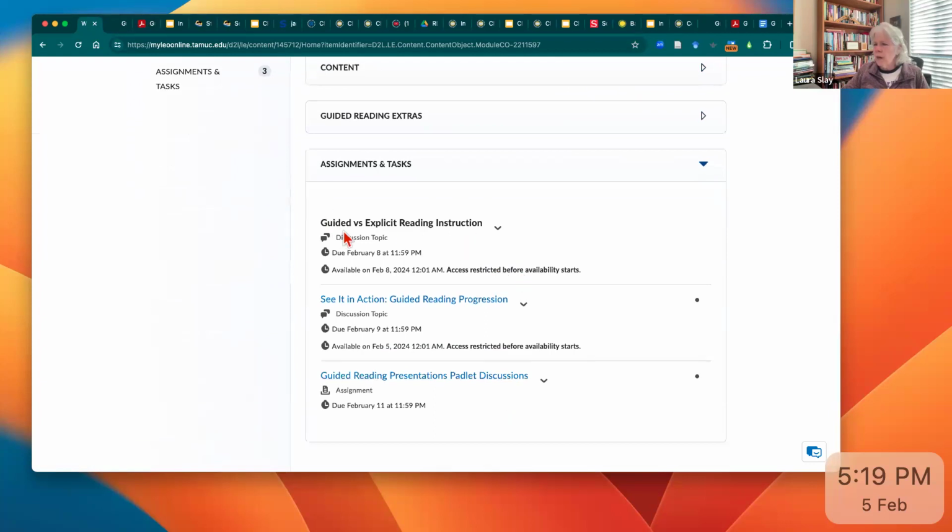One is the guided versus explicit reading instruction. This is a discussion. And what I'm asking you to do in this discussion, let's see, I don't think it's going to click. It says it's due on Friday. It's available. Oh, I need to fix this because it should be open now. I thought I had fixed it, but I may have forgotten to click save.